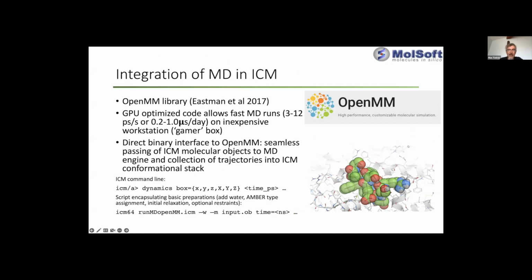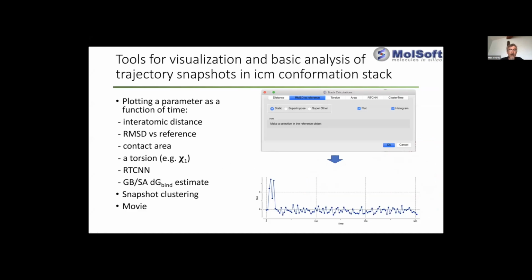We added MD through the OpenMM library. Now you can run MD simulation directly within ICM through the command line, or through a script that encapsulates basic preparations. We have the tools also to analyze the results of simulations, just some simple things like interatomic distances, RMSDs, contact areas, and such.